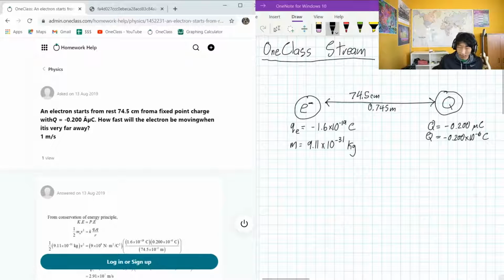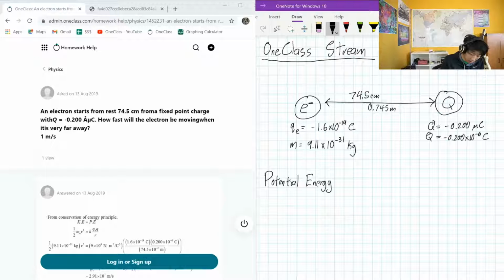Okay, so the main concept that we want to think about is potential energy. Right now, this electron has some potential energy. As we can see, the charges of the electron and the point charge are both negative.